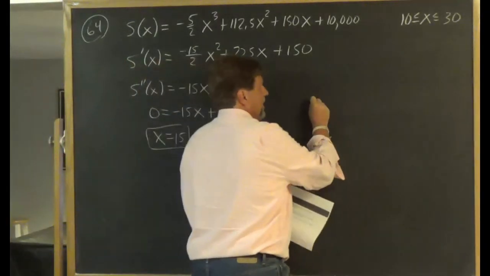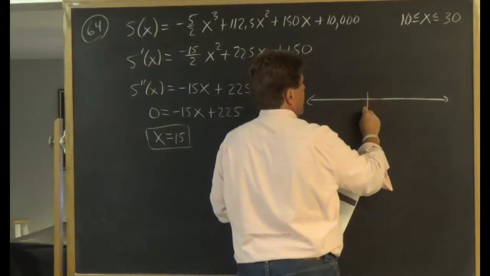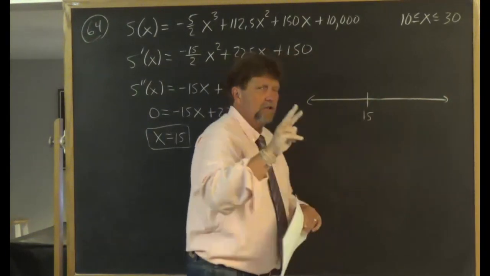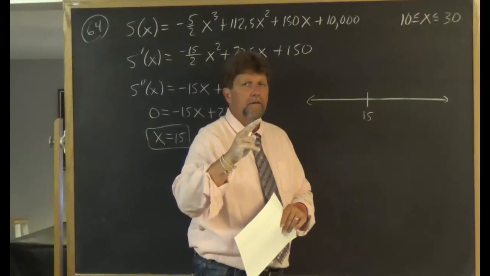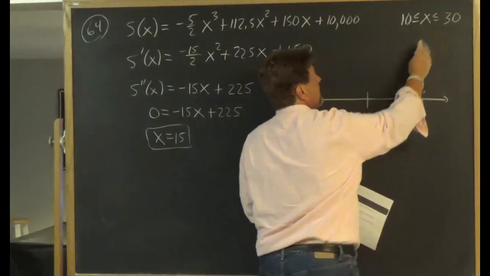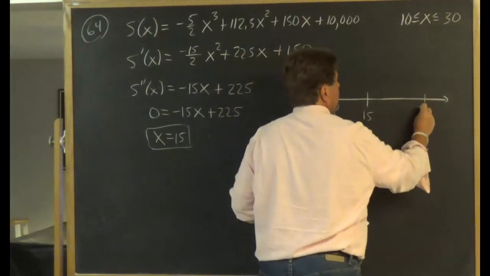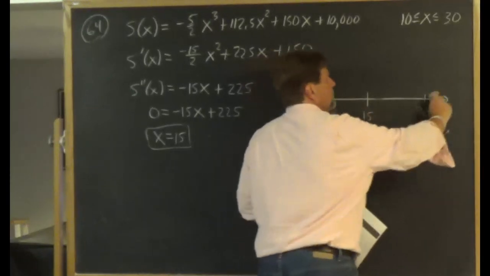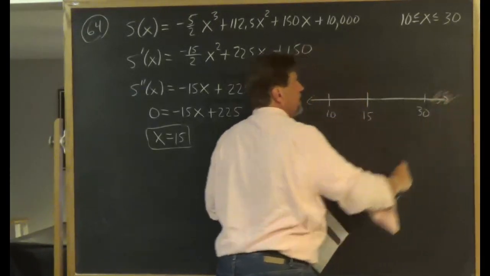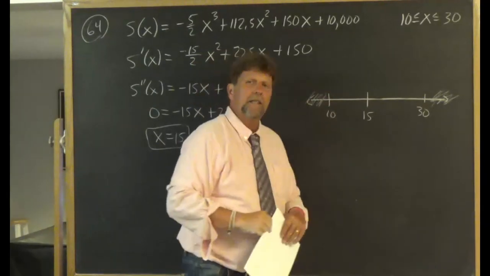So we make a number line; we're going to make a sign diagram. On this sign diagram we put 15 plus 2 more values of x. This function says x is between 10 and 30, so I need to put 10 and 30. That tells us we don't care what's happening for x greater than 30 or for x less than 10.